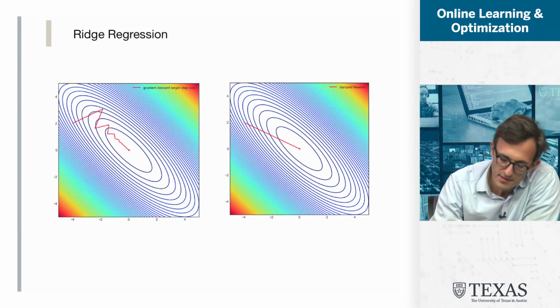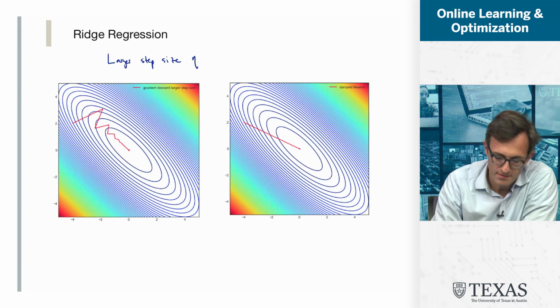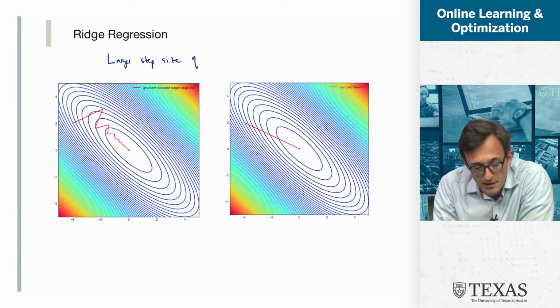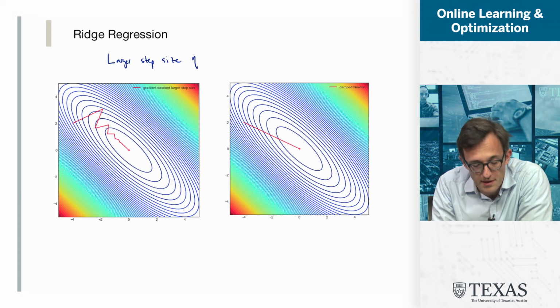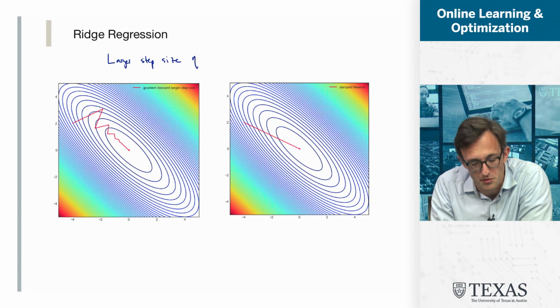So this is taking a larger step size. What happens? If we zoom in here and you look carefully, again, the trajectory of gradient descent is moving perpendicular to the contours. This is what it's supposed to do.